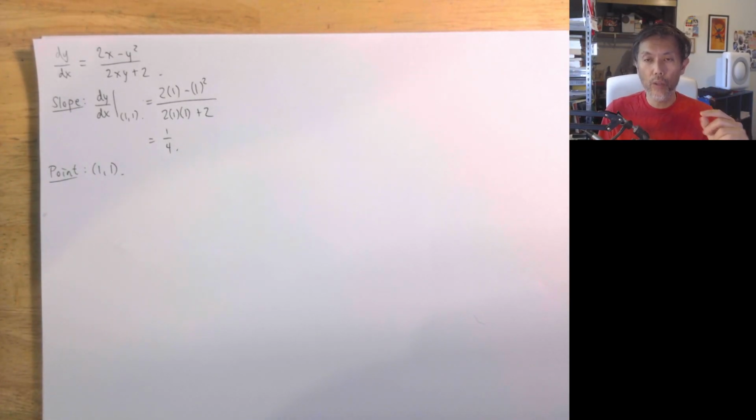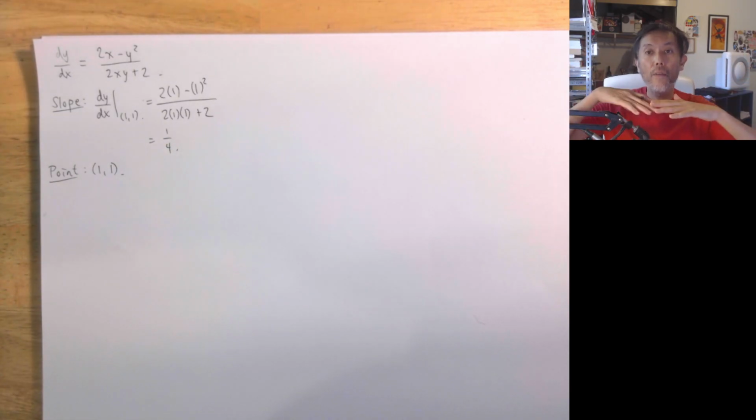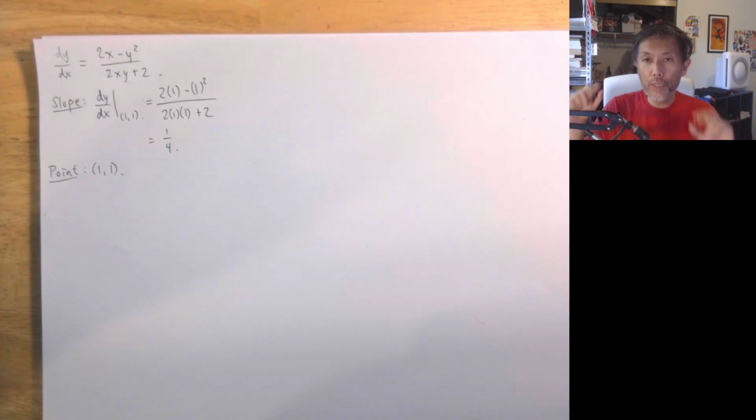Because any line in the plane is given by two pieces of information. If you specify two different pieces of information about a line in the plane, then you will determine that line. And that comes from the old idea that in y equals mx plus b, there's two knobs that you get to turn, m and b.